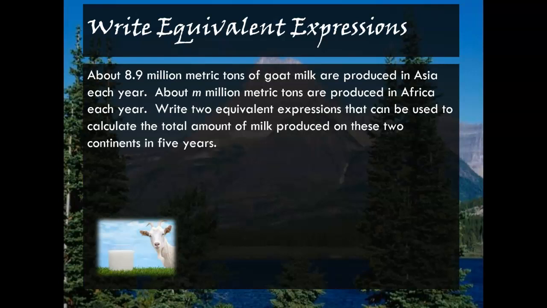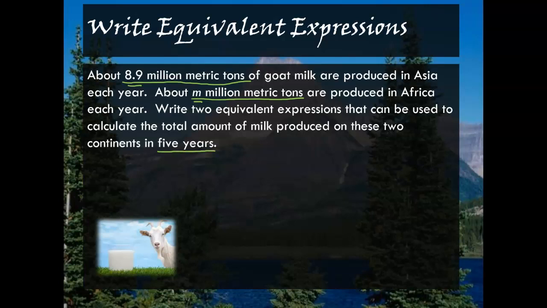First, we need to determine the information we need to write the equivalent expressions. We will need that there are 8.9 million metric tons of goat milk produced in Asia and m million metric tons produced in Africa each year. Also important is we want the total combined milk production on these 2 continents for 5 years.